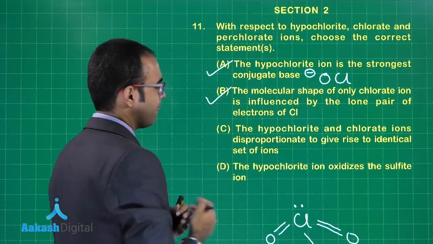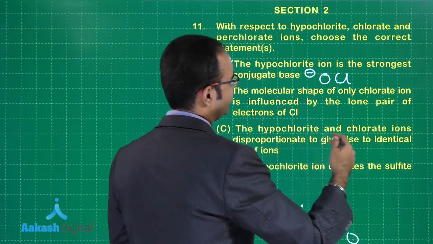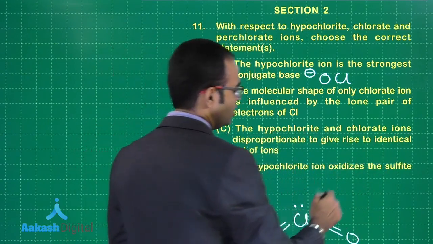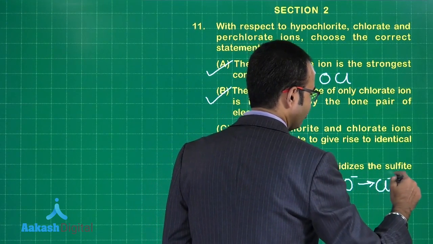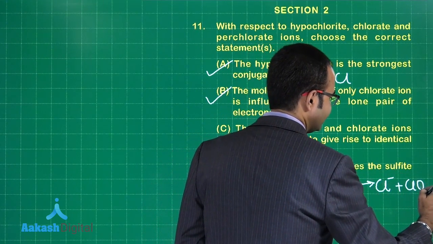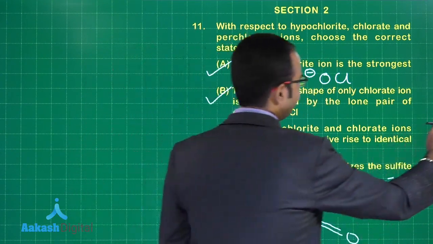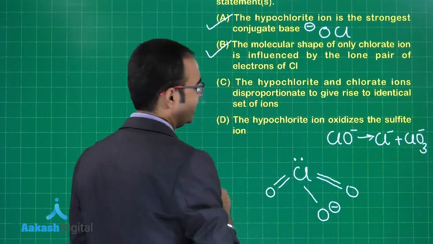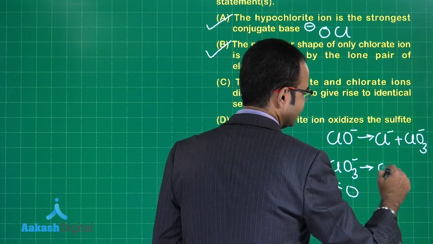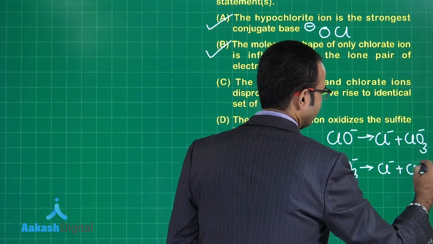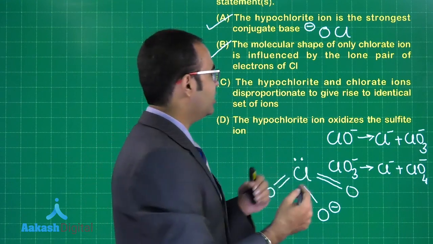The hypochlorite and the chlorate ions disproportionate to give rise to identical set of ions. So if I take hypochlorite, this will give you Cl minus plus ClO3 minus. Okay. So that is how it disproportionates. If I am talking about chlorate ion, it will disproportionate as Cl minus plus ClO4 minus. So are they giving you identical products? No, they're not giving you identical products.